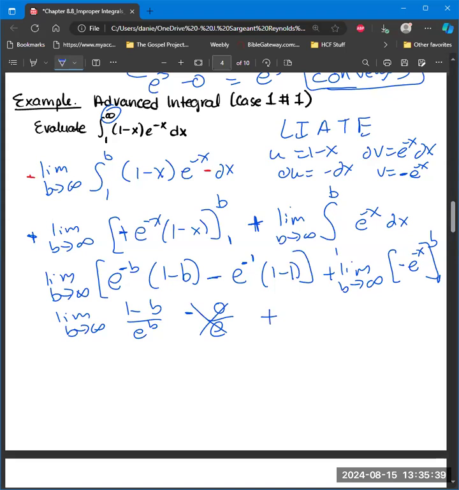plus, so bring this minus out, this is going to be minus limit as b goes to infinity of 1 over e to the x from 1 to b.